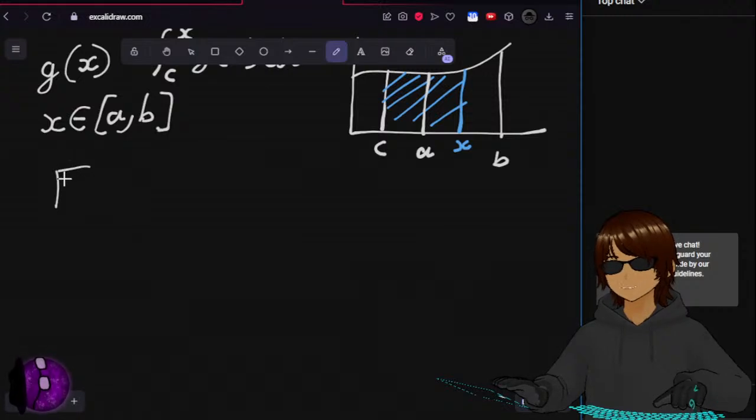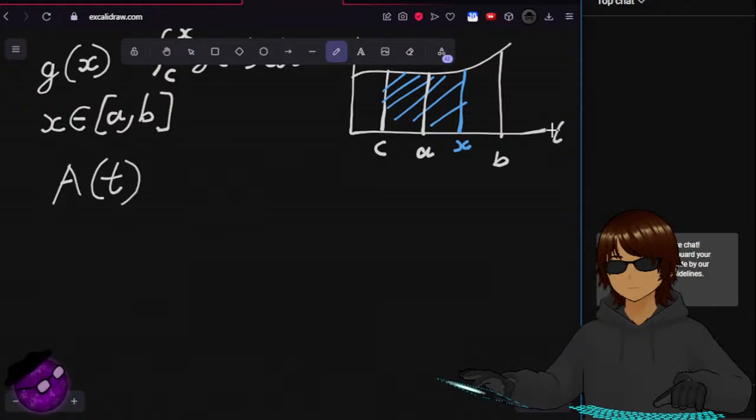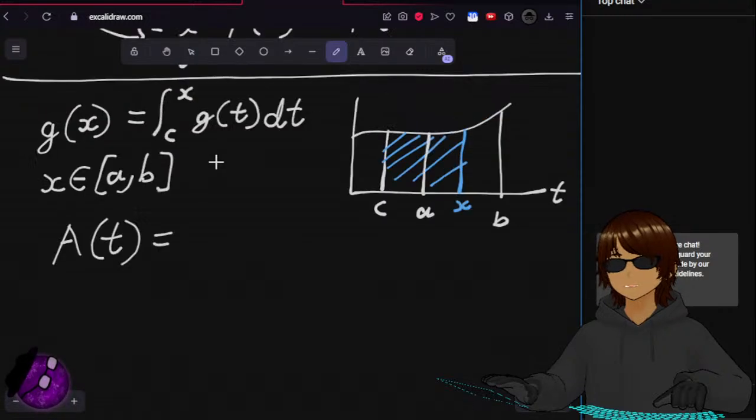I should actually call it a of t, is equal to, this is the antiderivative of, hold on, I made a mistake here.